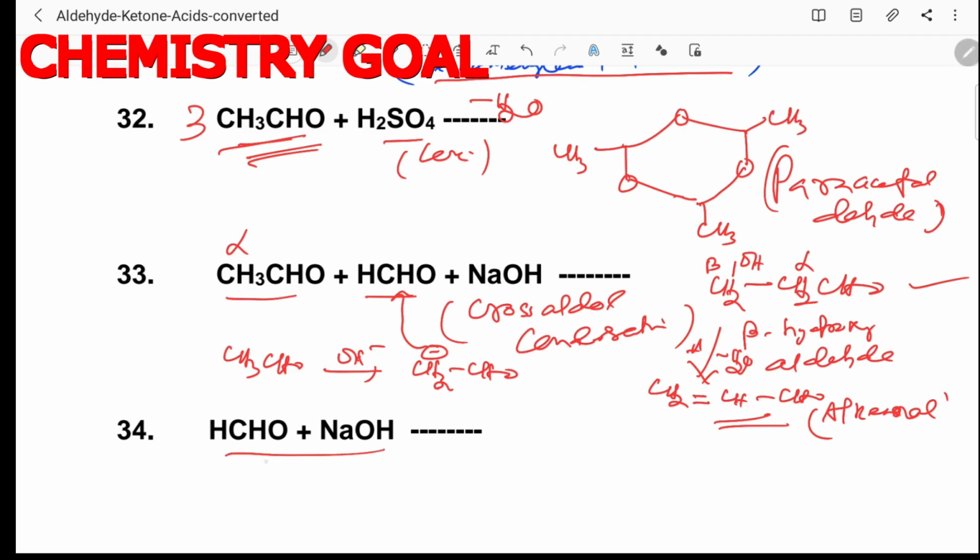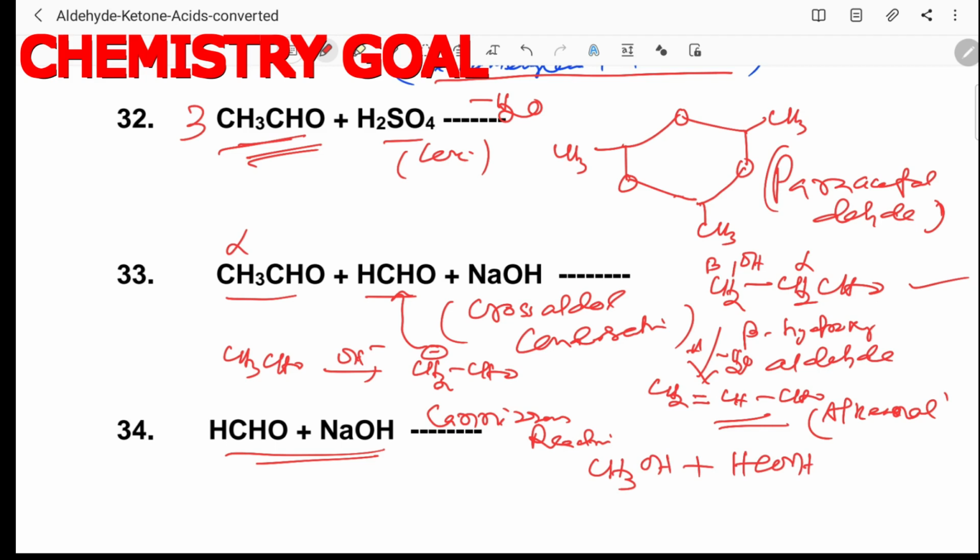Here it is simply a Cannizzaro reaction. What is Cannizzaro reaction? When an aldehyde having no alpha hydrogen atom reacts with base, it produces the corresponding acid and alcohol.